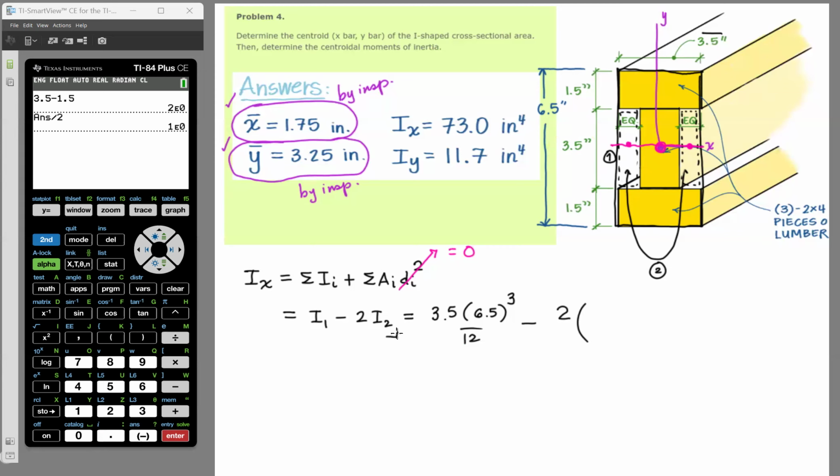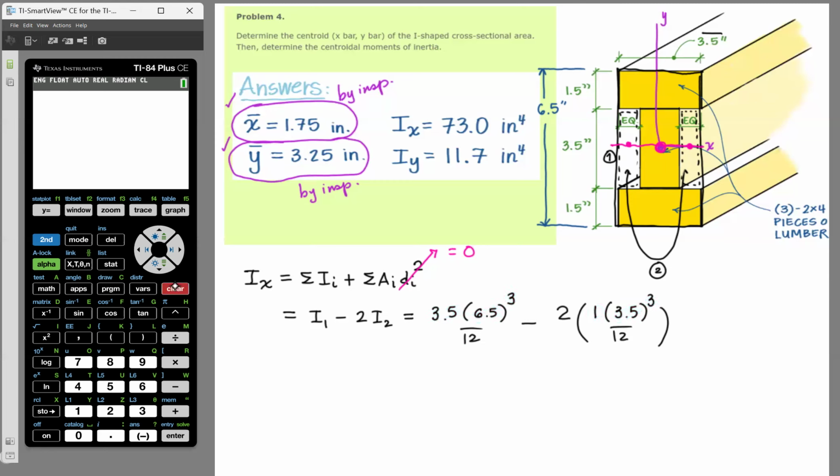When I go to do my moment of inertia, base times height cubed over 12, my base is 1. My height is 3.5 cubed, divided by 12. And again, spot check your units. So the same thing that I did before: distance cubed gives me distance to the 4th. So I am good to go with my calculation.